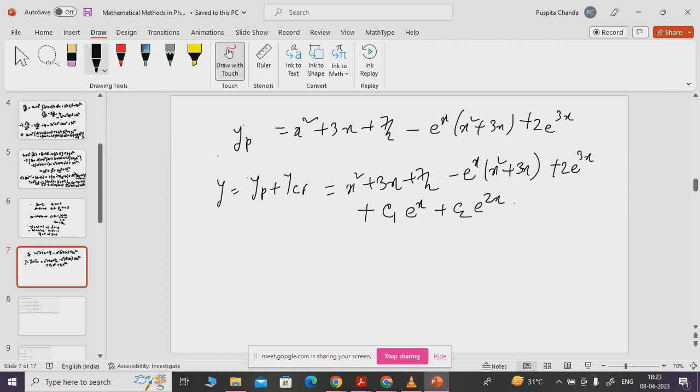Okay, now we are given that at x is equal to 0, y is equal to 15 by 2, and at x is equal to 0, dy/dx is equal to 9.